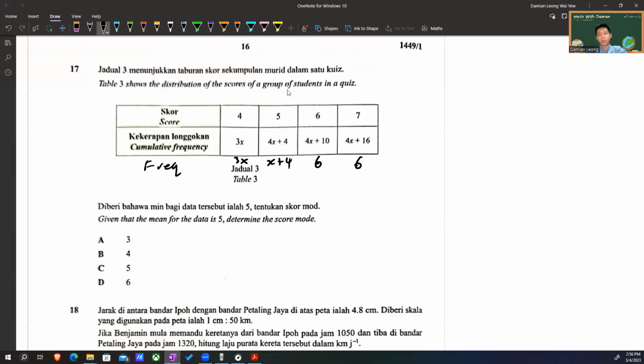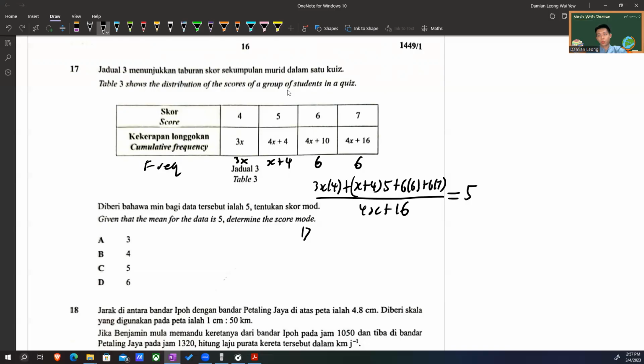Mean is the sum of frequency times score over total frequency. So 3x times 4 plus x plus 4 times 5 plus 6 times 6 plus 6 times 7, over the total frequency, which is 4x plus 16, equals the mean, 5.